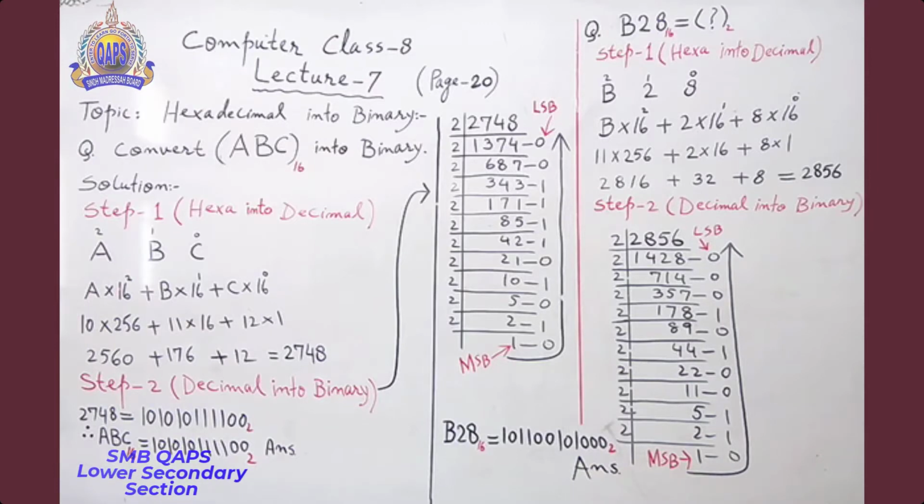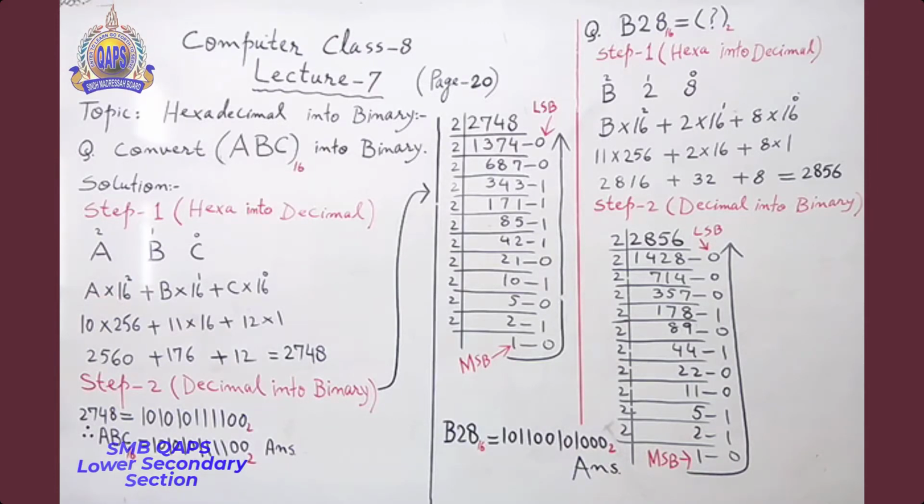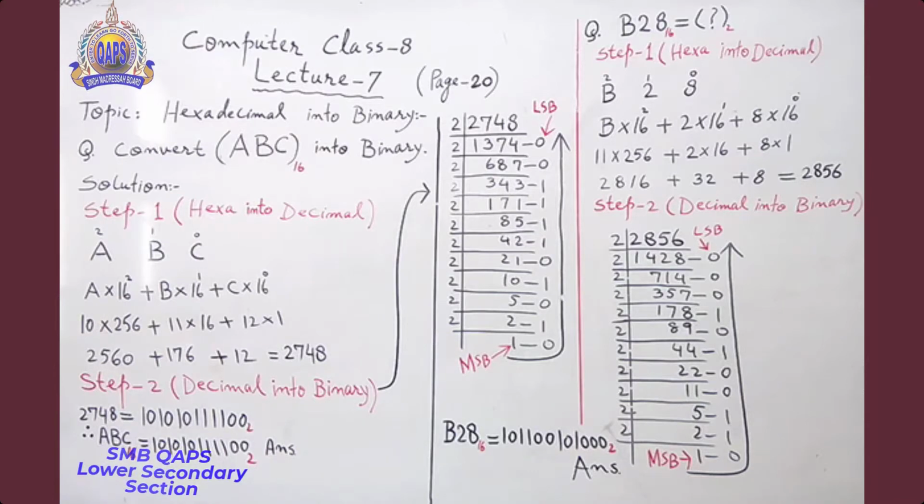So A multiply by 16 power 2. Why multiply by 16? I told you many times. The reason is that base power of hexa is 16. That's why we will multiply it by 16.